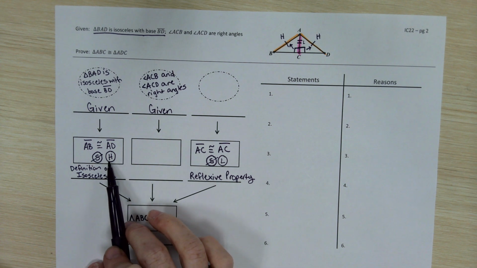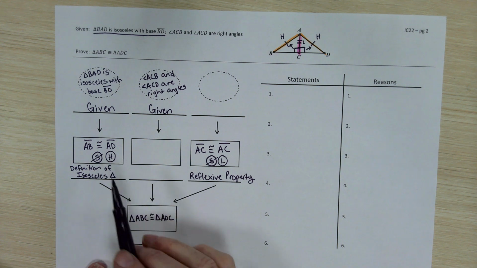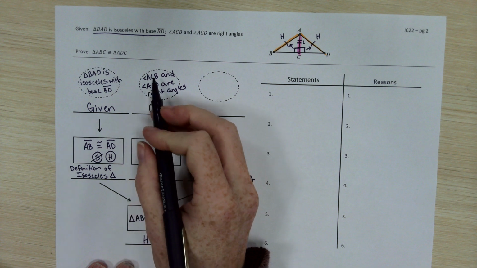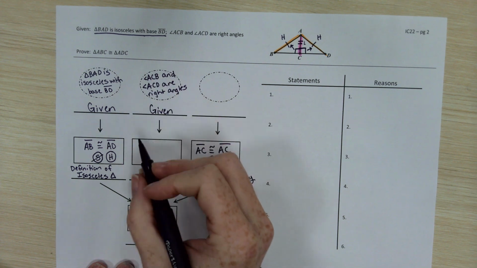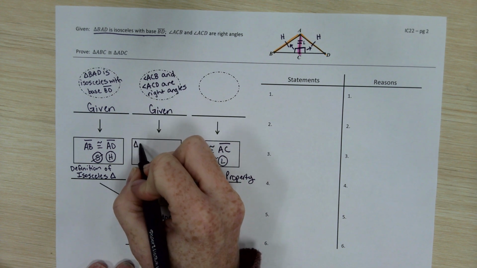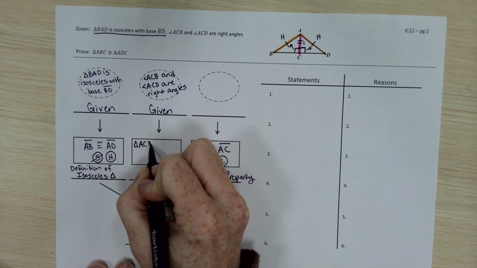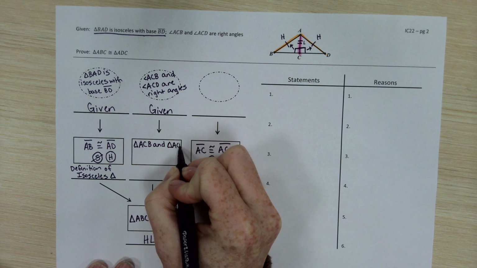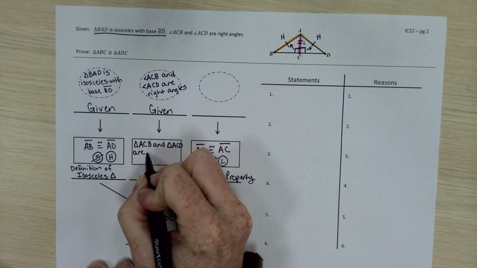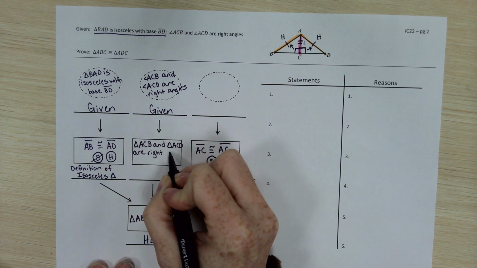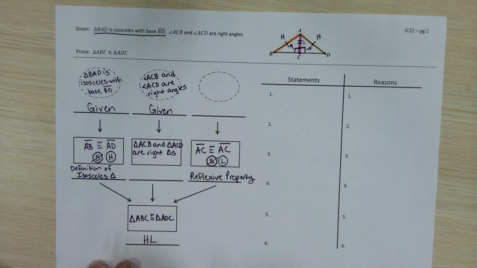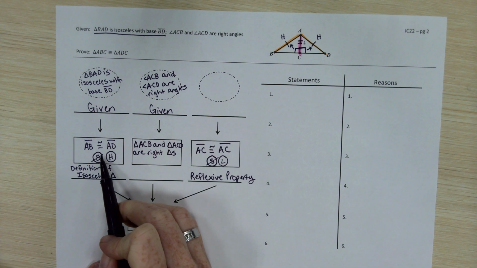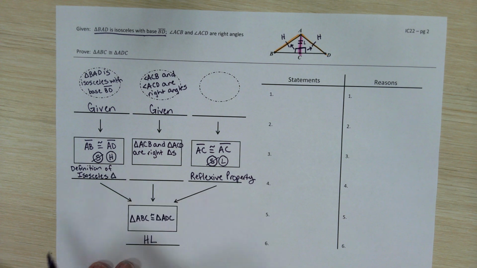In order for legs, or in order for a side to be called a hypotenuse, we have to have right triangles. So we're going to change this statement just slightly to show that triangle ACB and triangle ACD are right triangles. That's what allows me to get rid of the S label and make it a hypotenuse label.